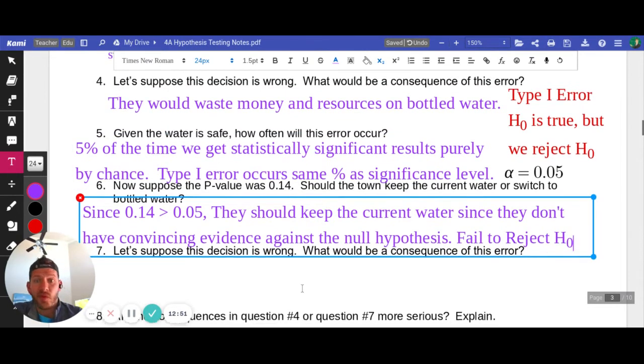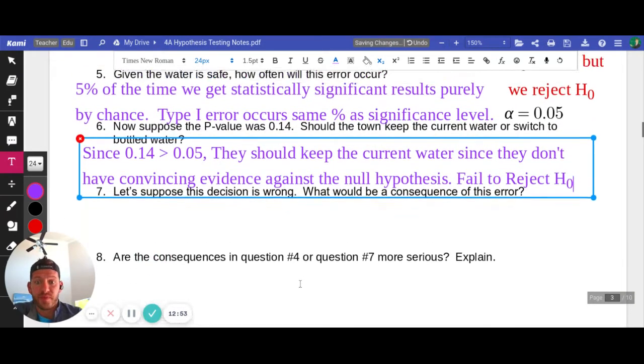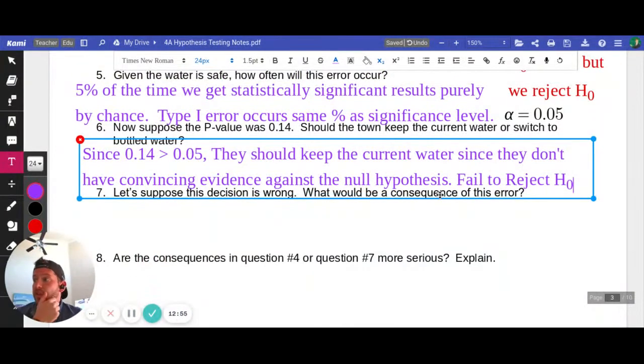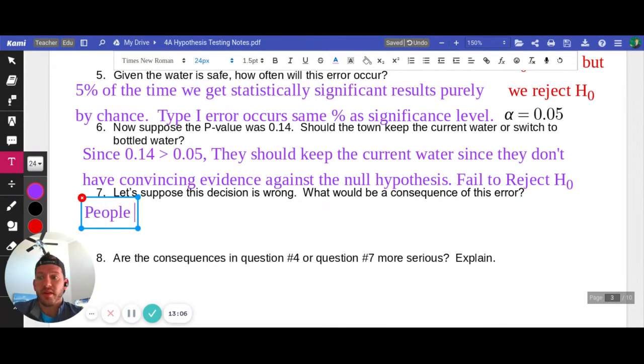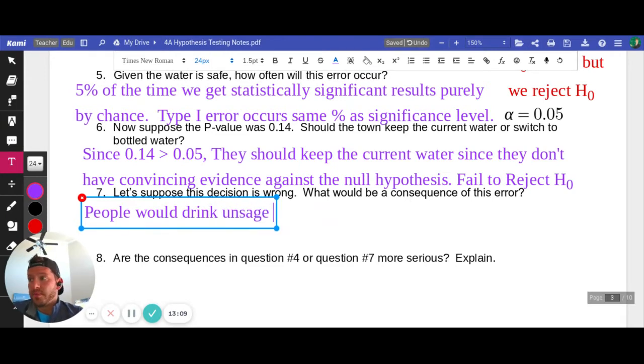Well, what if that's wrong? What's the consequence of this error? If this is wrong, we say, hey, don't worry about it. You guys can drink your water. You'll be fine. And people actually drink the water, then they're drinking unsafe water and could possibly get sick and die.